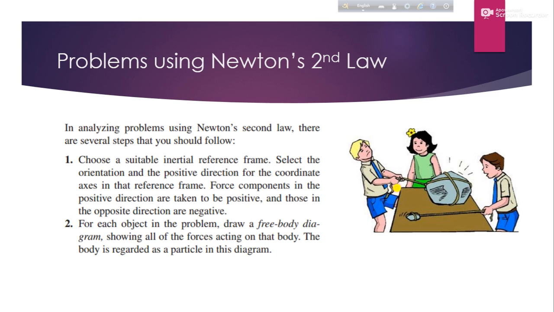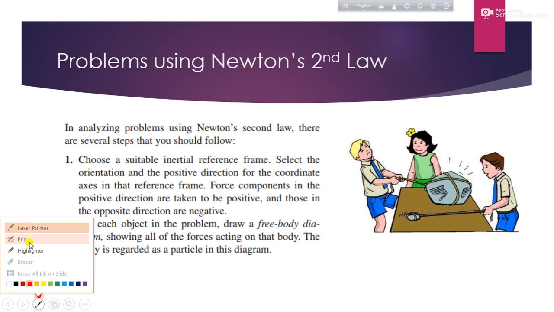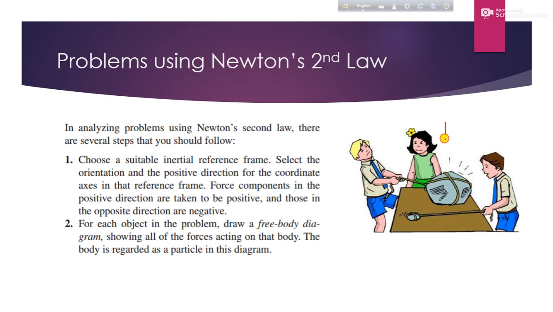In this coordinate system, let us show it by pen, then it will be easier. So this is the y-axis and this is the x-axis, and the rope is the direction of the force, and it has some angle with the x-axis.